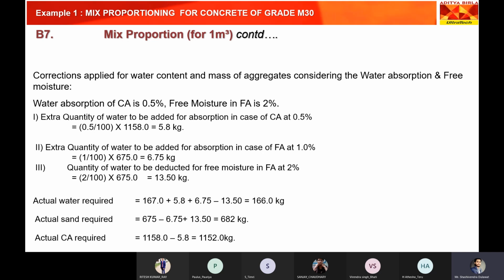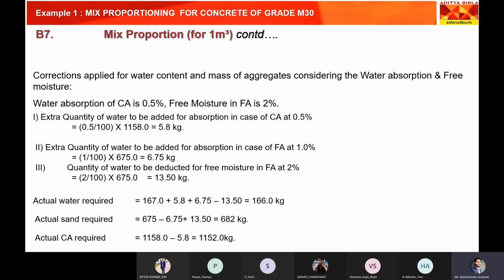So the value is 5.8 kg. Similarly, the extra quantity of water to be added for absorption in case of fine aggregate at 1% is 1 upon 100 into the quantity of fine aggregate, 675, which is equal to 6.75.